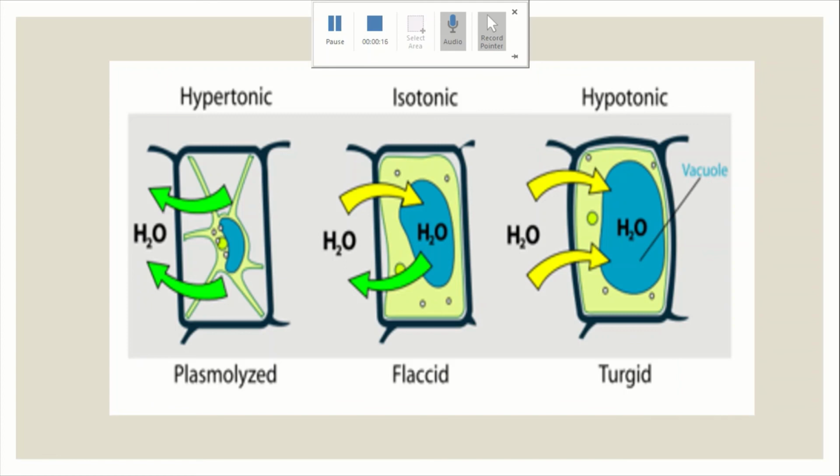When we put plant cell into hypertonic solution, the plant cell will plasmolyse, where the vacuole and the cytoplasm will shrink. When we put the plant cell into the isotonic solution, the plant cell will become flaccid. Last one, when we put the plant cell into the hypotonic solution, the plant cell will become turgid.